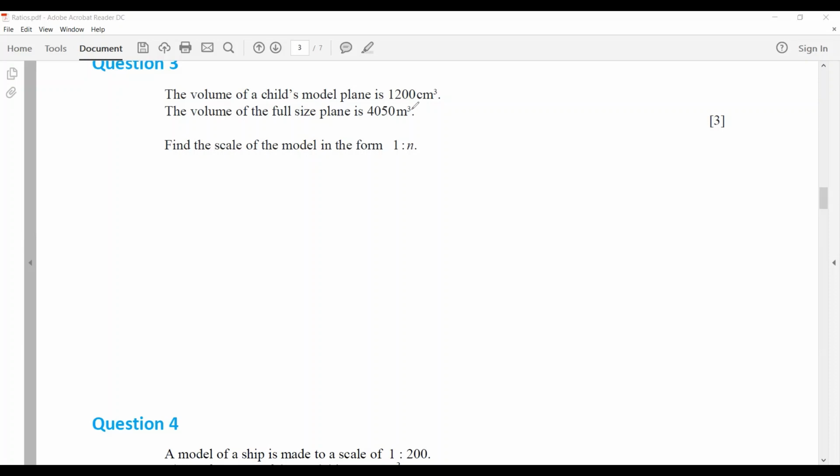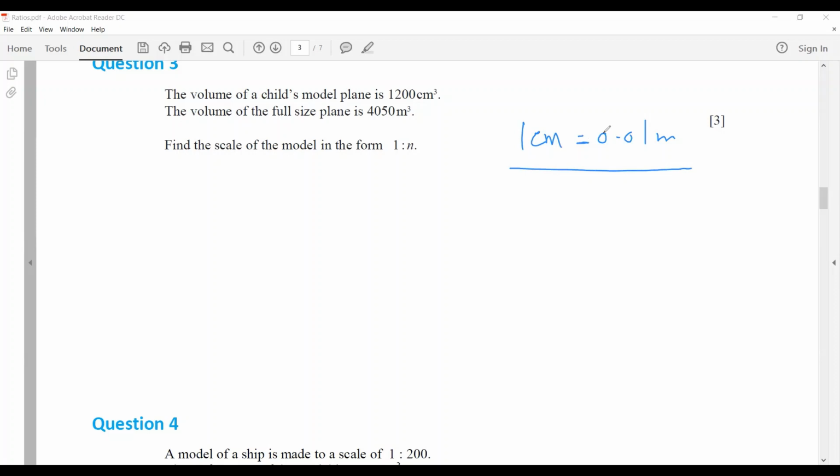You just need to know, guys, that 1 cm is equal to 0.01 meter, right? So this is the only thing that you need to know here, and the rest should be okay.